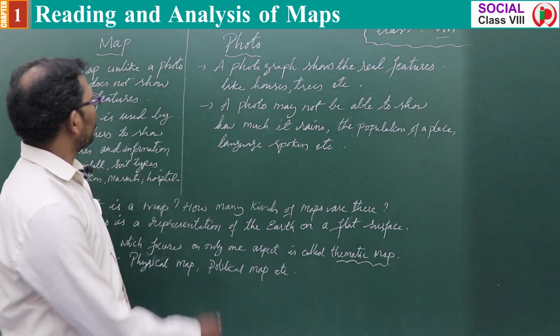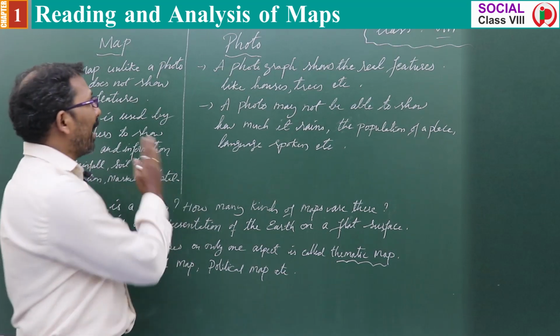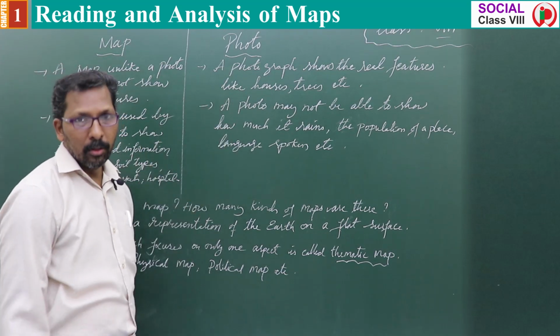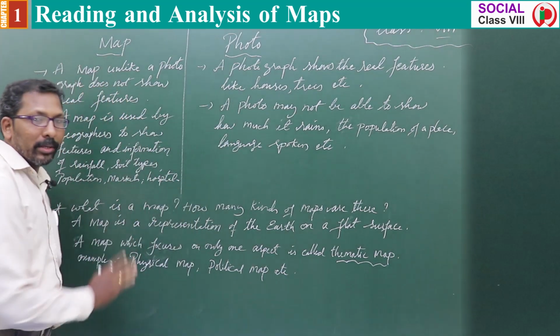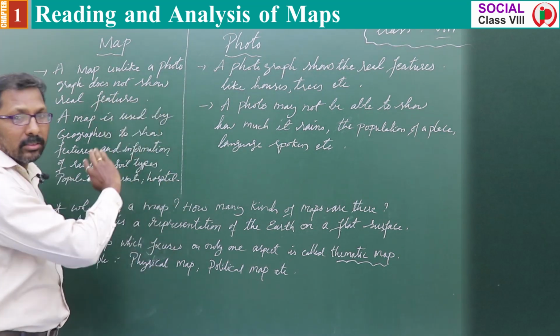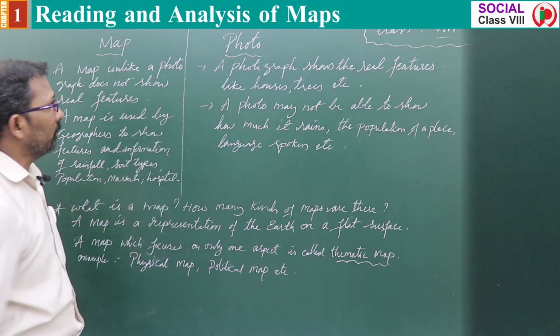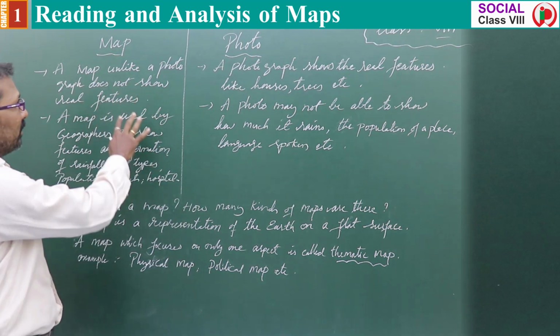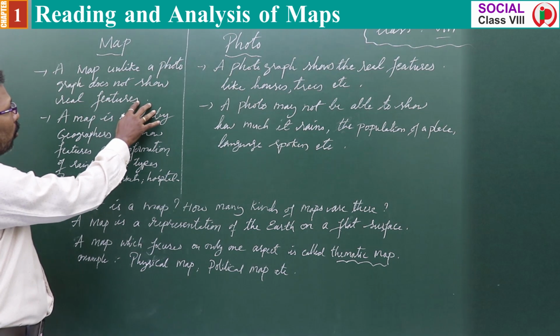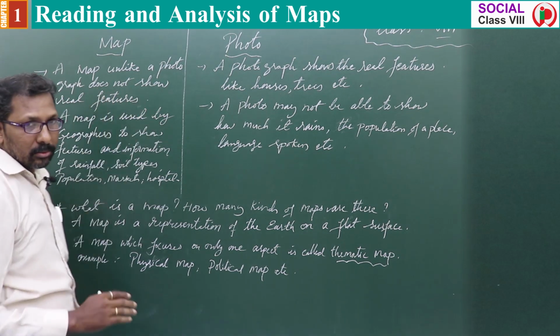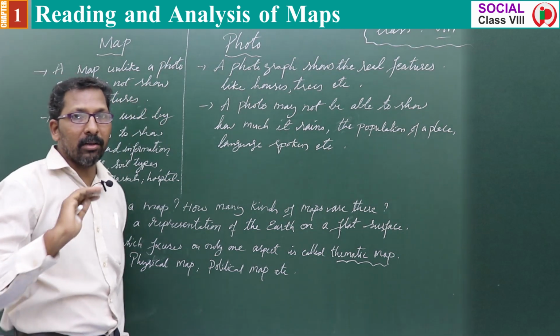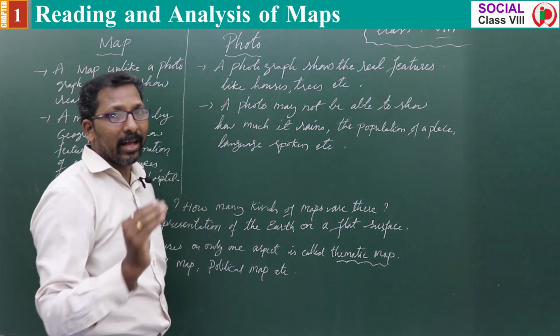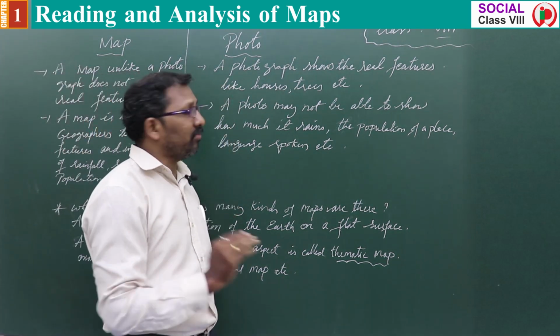Now let us discuss the difference between a map and a photo. Definition I have given over here, but let us first know the differences between a map and a photo. Unlike a photo, a map is quite different. In what way is it different? A map does not show real features, whereas a photograph shows the real features.